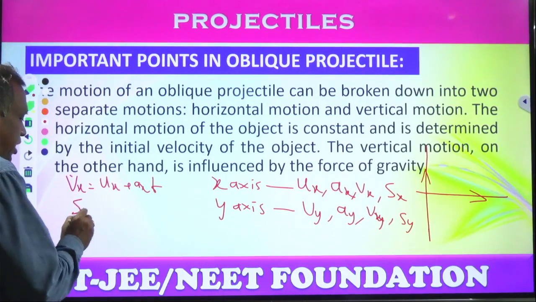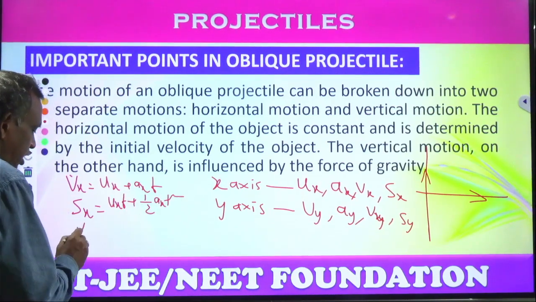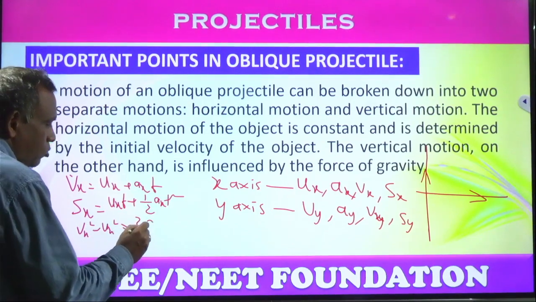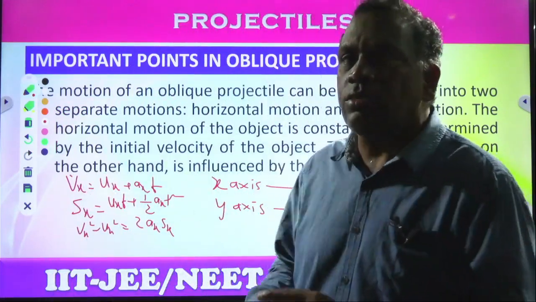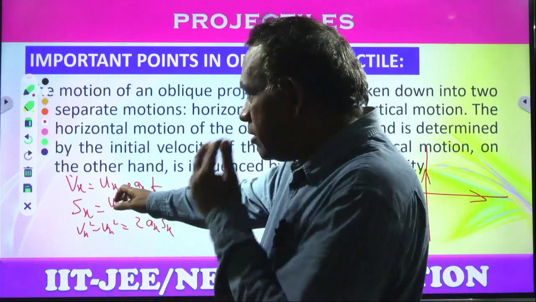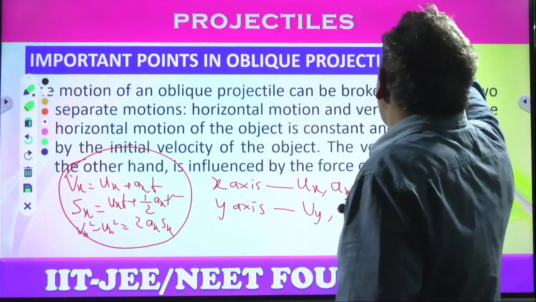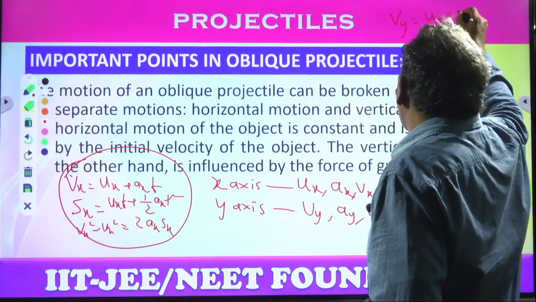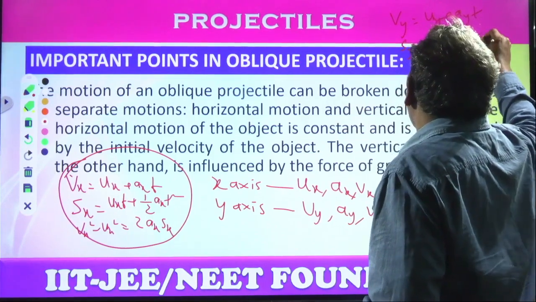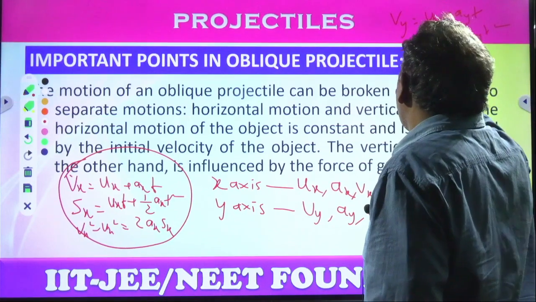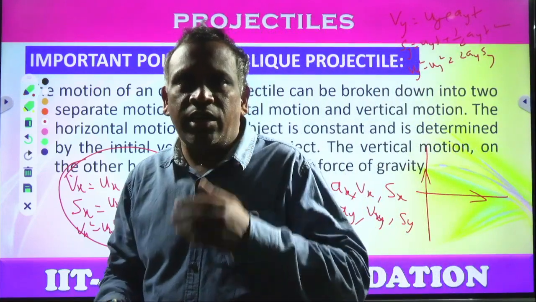Similarly, displacement sx equals ux into t plus half ax into t square, and vx square minus ux square equals 2 ax sx. Likewise, the vertical equations are vy equals uy plus ay into t, sy equals uy into t plus half ay into t square, and vy square minus uy square equals 2 ay sy.